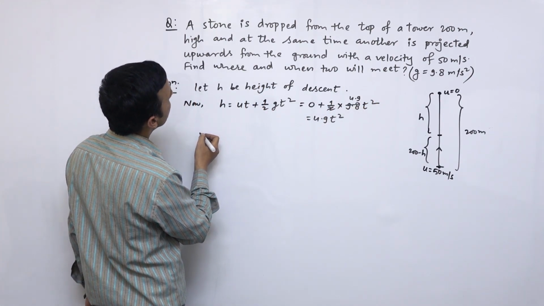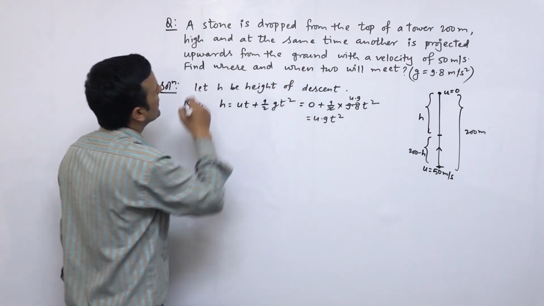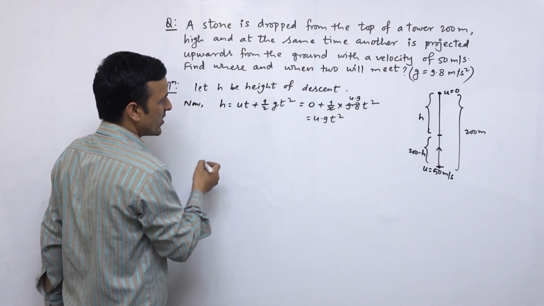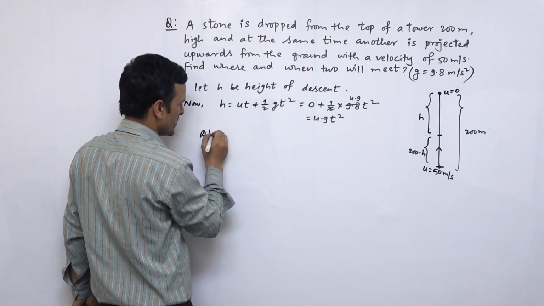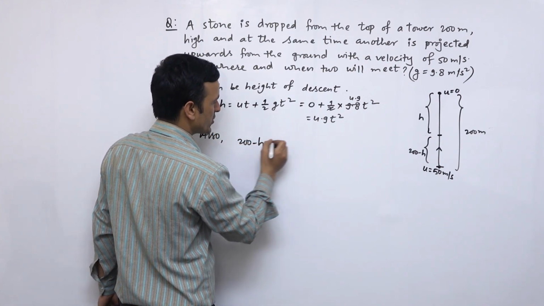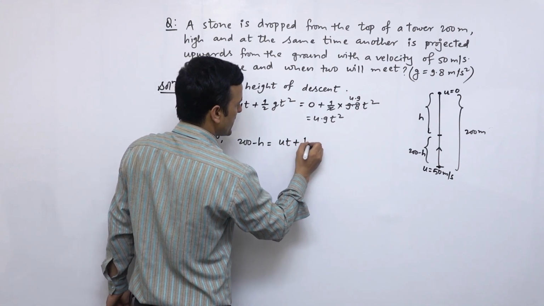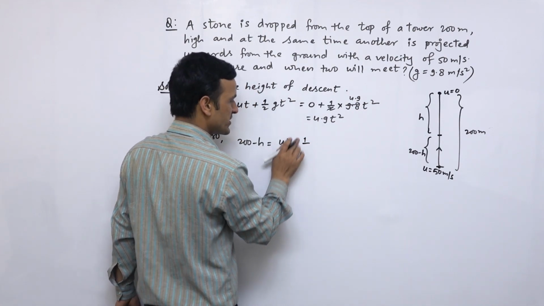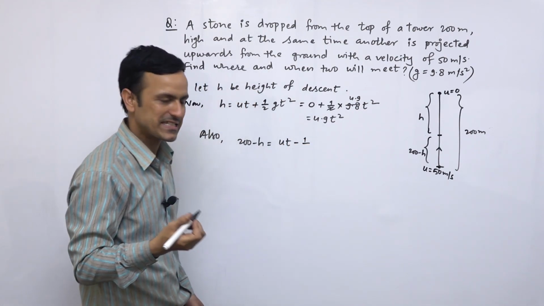And now, another particle is projected upward. So 200 minus h is equal to ut minus half gt square, since it is projected upward and the direction is negative.